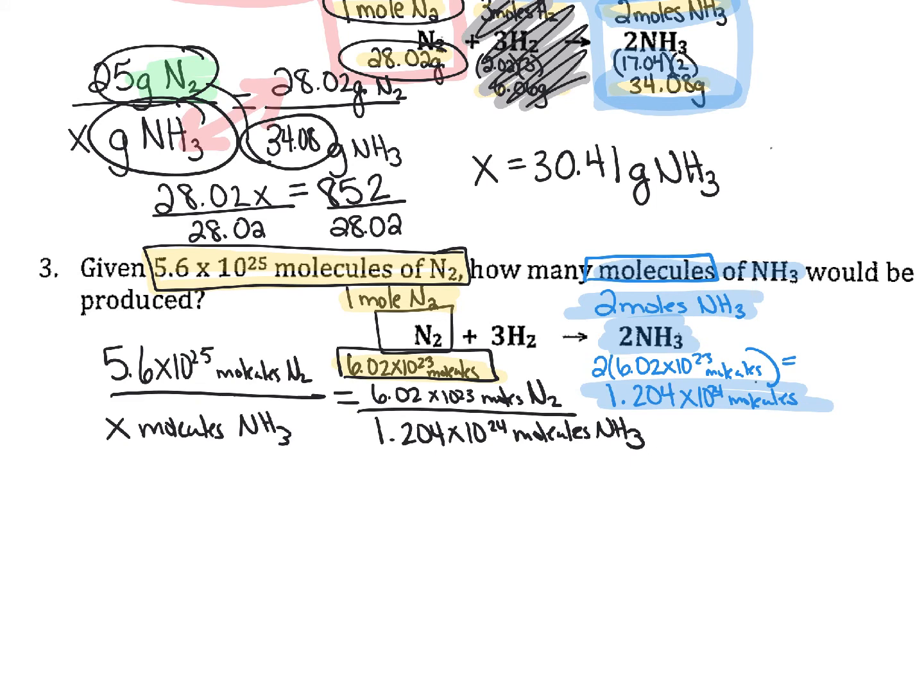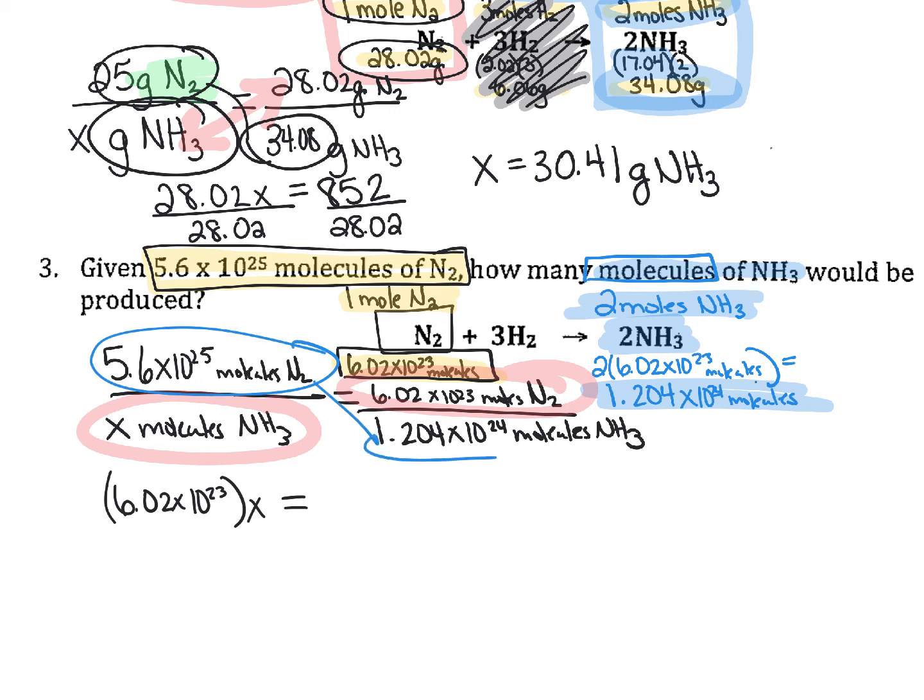So I'm going to first do x times 6.02 times 10 to the 23rd. So 6.02 times 10 to the 23rd x is equal to, my next step is going to be cross multiply 5.6 times 10 to the 25th power times 1.204 times 10 to the 24th power.